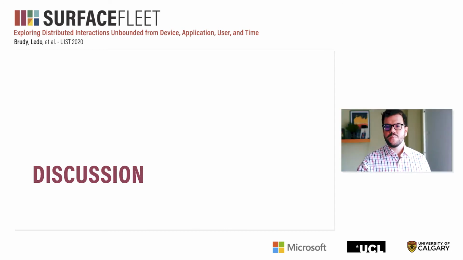We have a few discussion points which are worth sharing. SurfaceFleet looks at how knowledge workers transition from one place to another, where place is ultimately defined by our 4 dimensions of unboundedness. So the consequence of this is that sharing is no longer limited to files and folders, but further expands to different applets and tools.